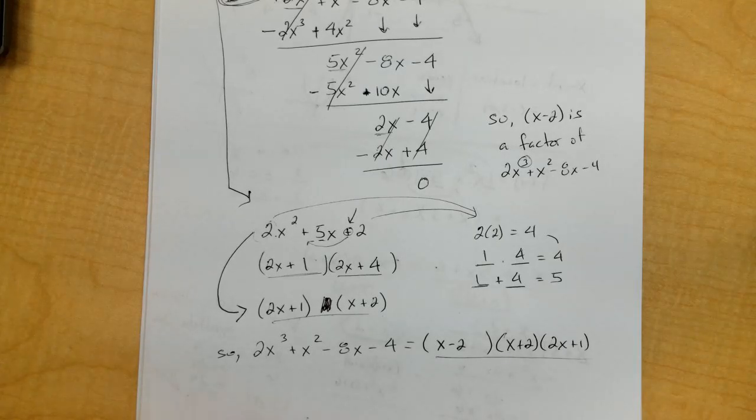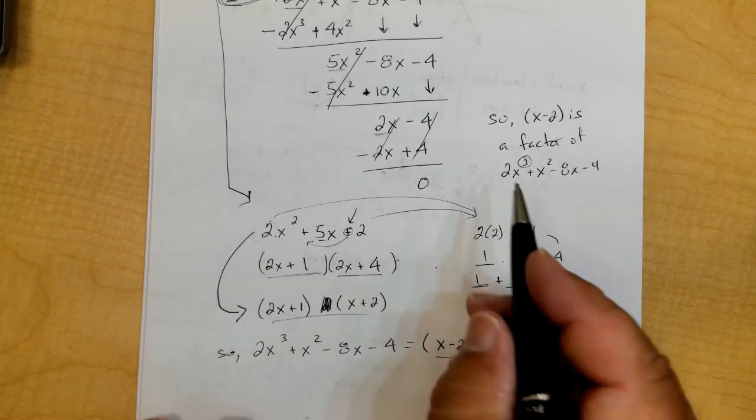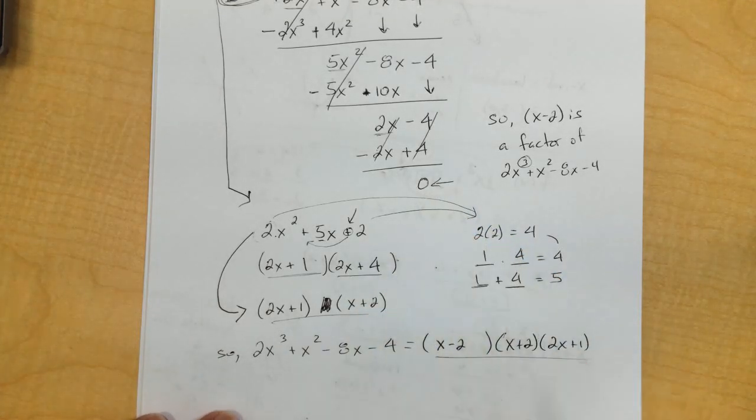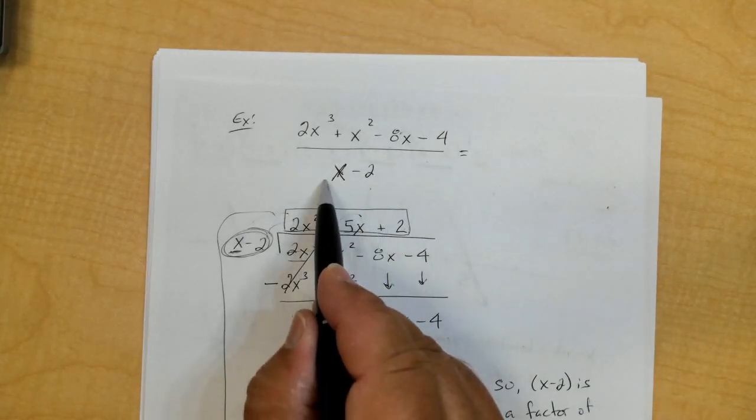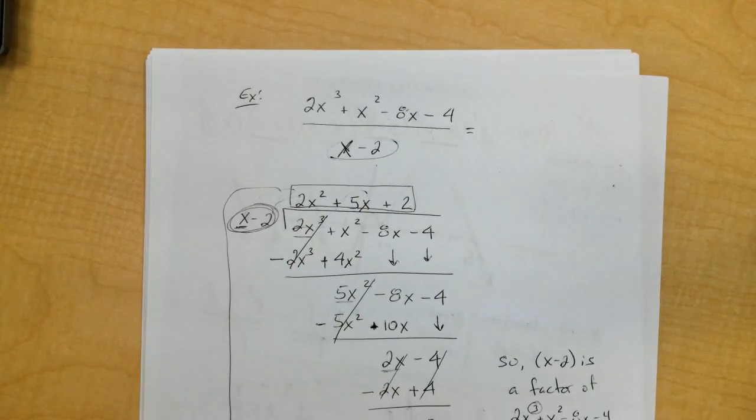Now, can you put all this stuff I just talked about together? What did we just do? We used division to see the factors of a polynomial. As long as the remainder is 0, then the denominator is a factor of the numerator.